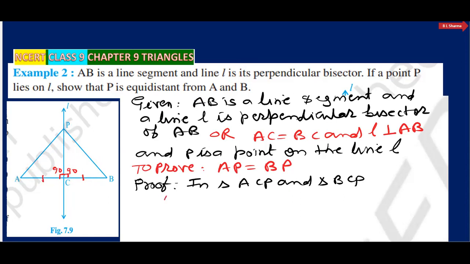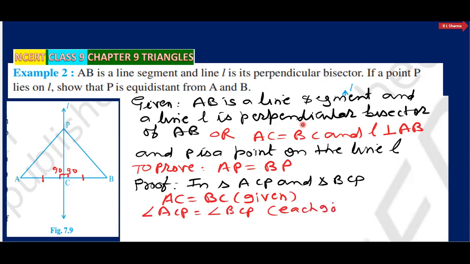AC is equal to BC. This is given. And angle ACP is equal to angle BCP, each 90 degrees, and this is also given.